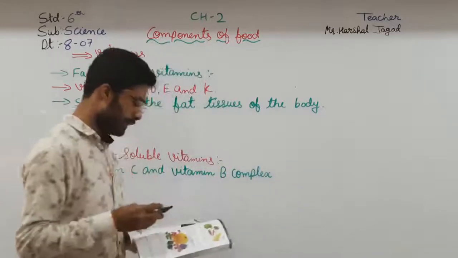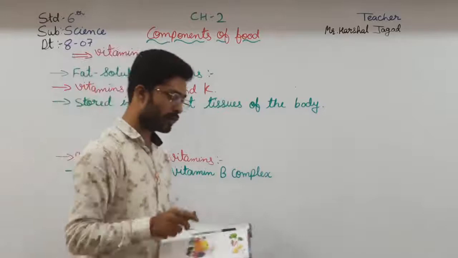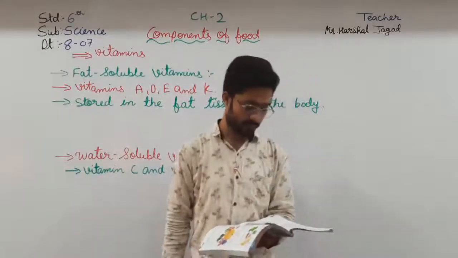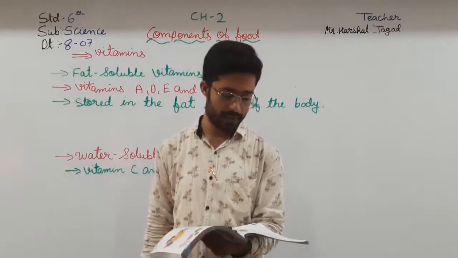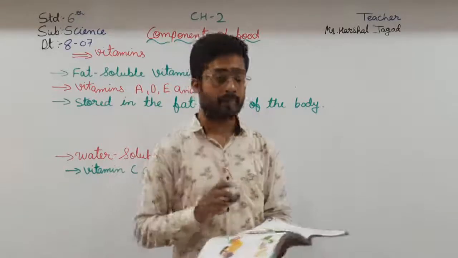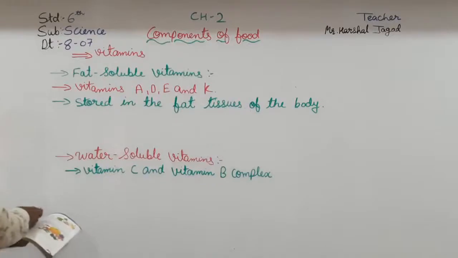They are the water soluble vitamins. So here water soluble vitamins cannot be stored in the body and therefore need to be regularly supplied through food. They cannot be stored in the body.